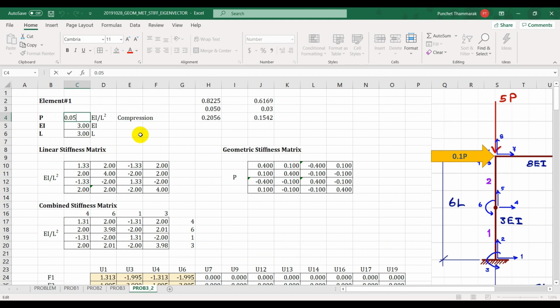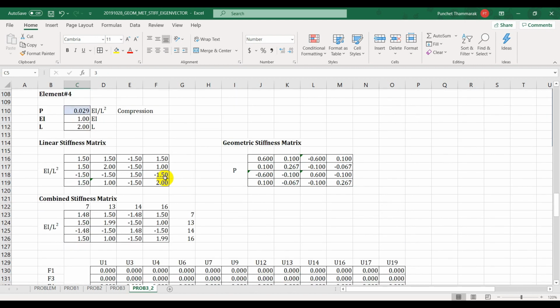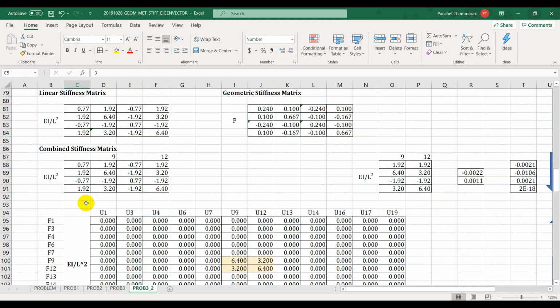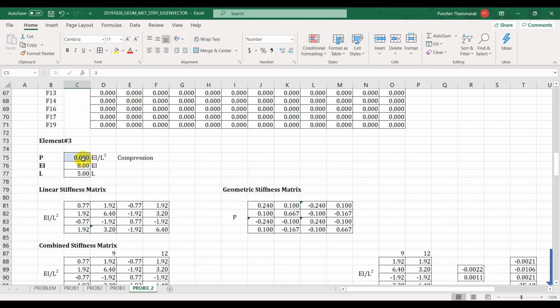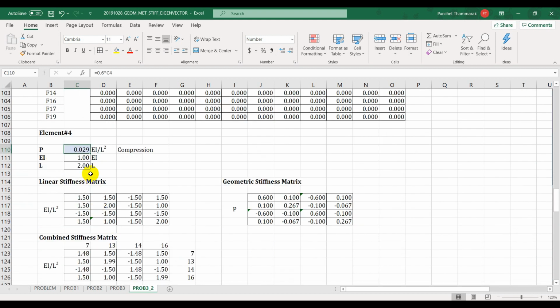It is the pull up force, so that reduces the compression, equals to this minus 0.0022. So it reduced, whereas for number 4, this was supposed to be 0.3, right?